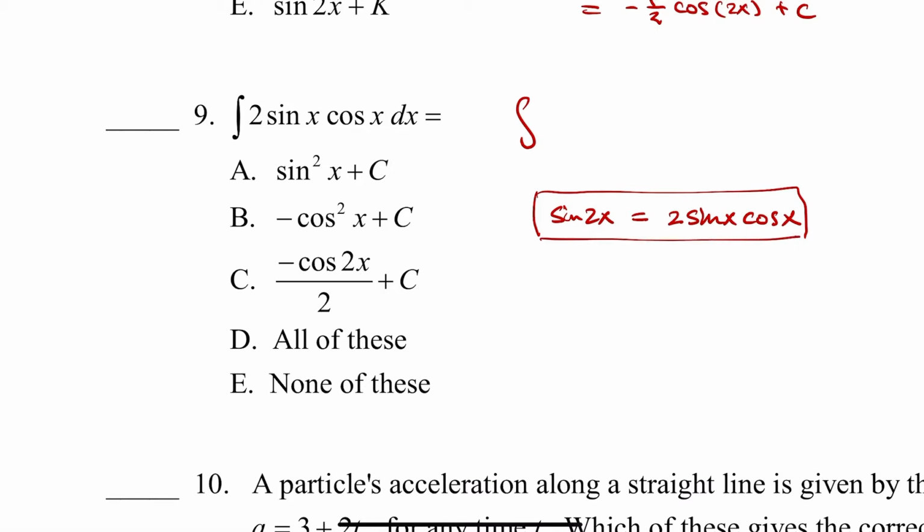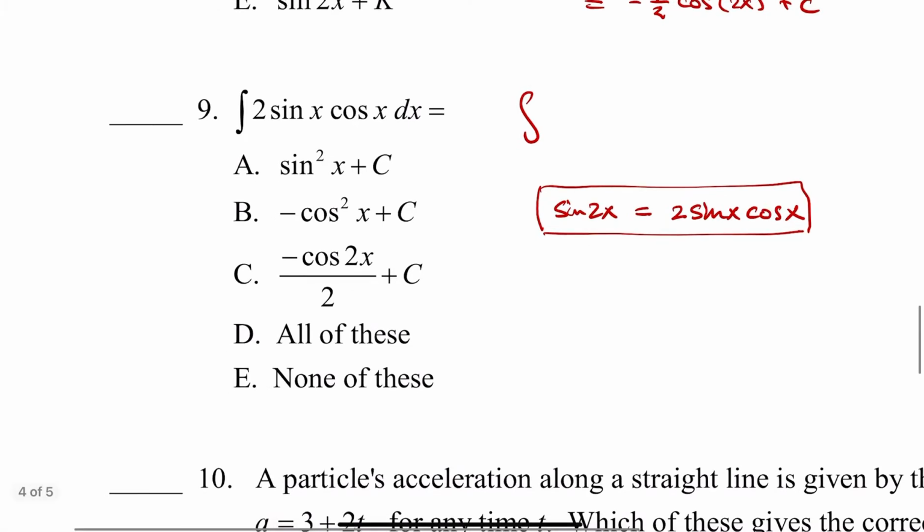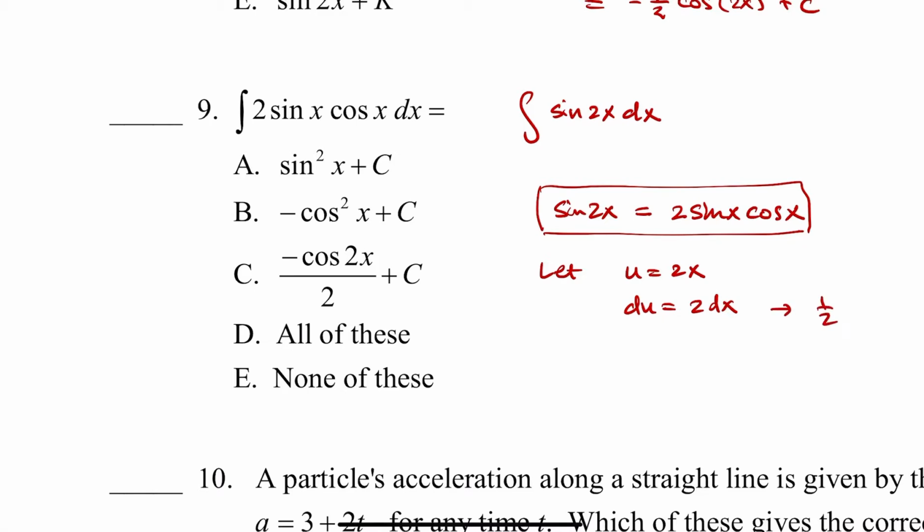So reverse. So integral 2 sine x cosine x, that becomes a sine 2x dx. So now let u equal 2x. So du equals 2 dx. That means 1/2 du is dx.